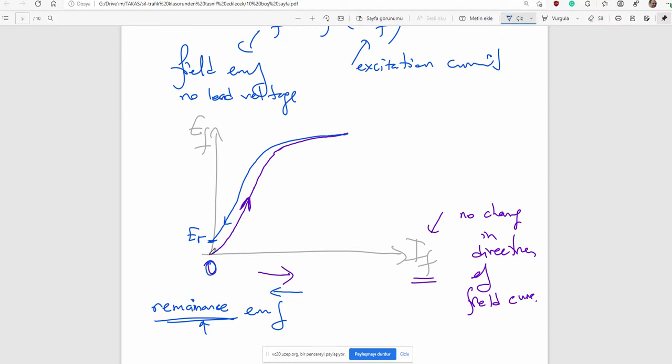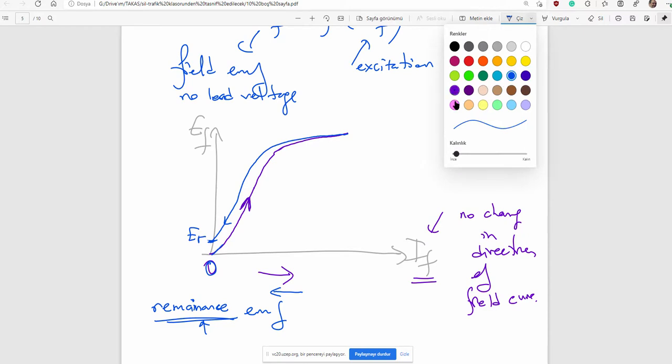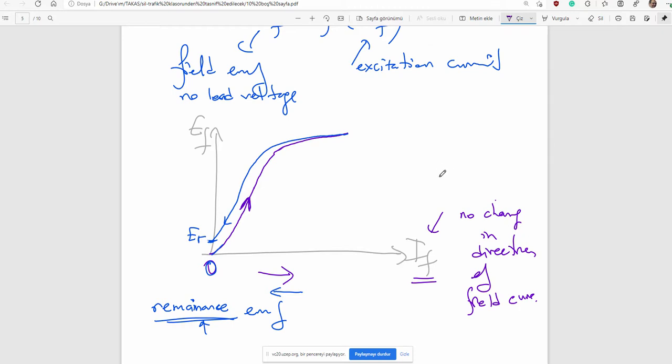When you are increasing, please make no change in direction. If you change direction, the experiment will be bad. If you go upward and then go back, it comes back on another path, and when you decide to increase again, there are some tiny hysteresis loops.